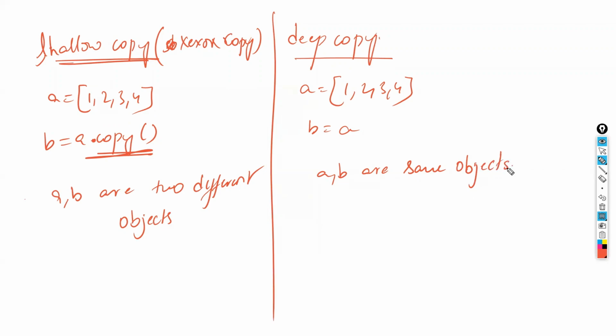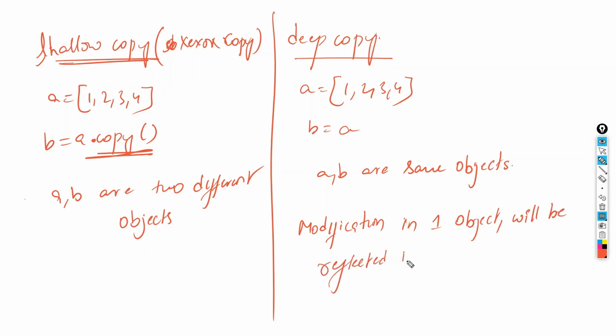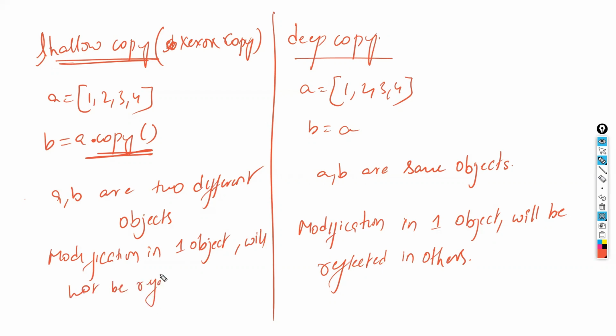Both of them indicate the same object, so a modification in one object will be reflected in the other. Here, a modification in one object will not be reflected in the other, because both indicate two different objects. This is called deep copy and this is called shallow copy. Dot copy is called shallow copy, right?